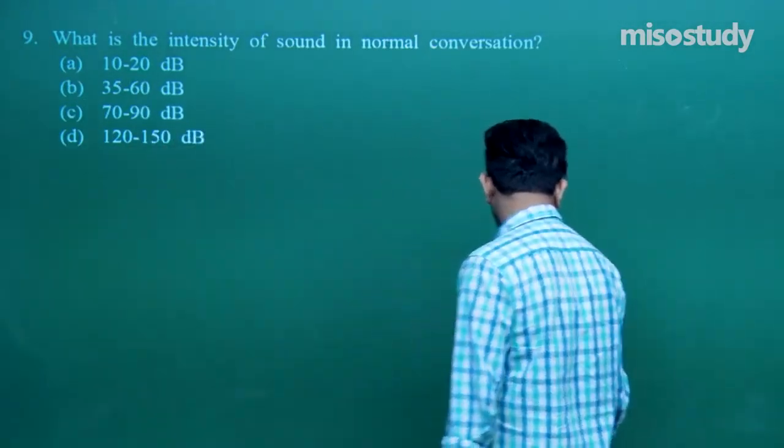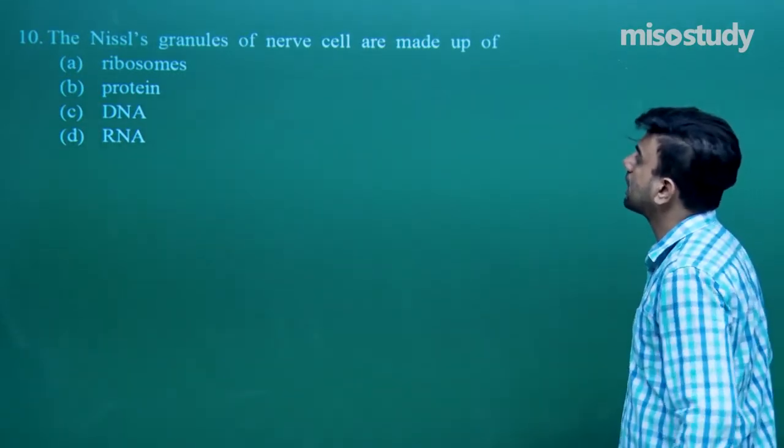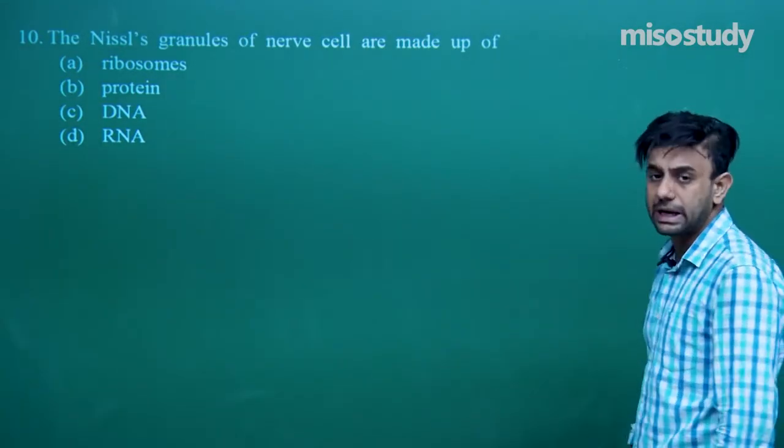Let's go to the next question. The Nissl granules of a nerve cell are made up of ribosomes, protein, DNA and RNA.